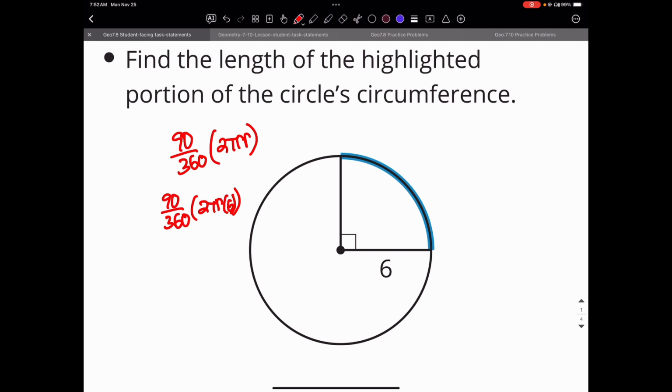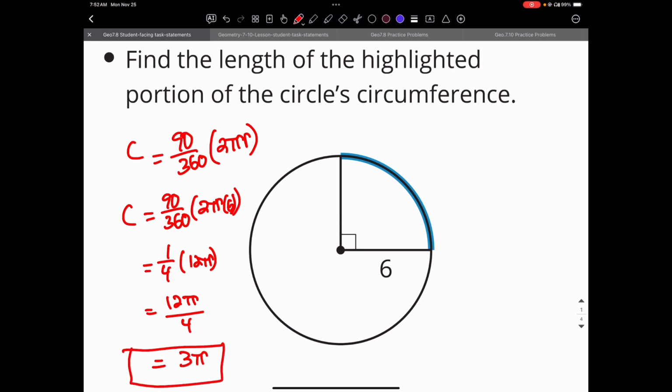I'm going to simplify that 90 over 360 to 1/4 times 6 times 2 is 12 pi. So then that would be 12 pi over 4, which simplifies to 3 pi. So the length of this arc in terms of pi would be 3 pi, right?